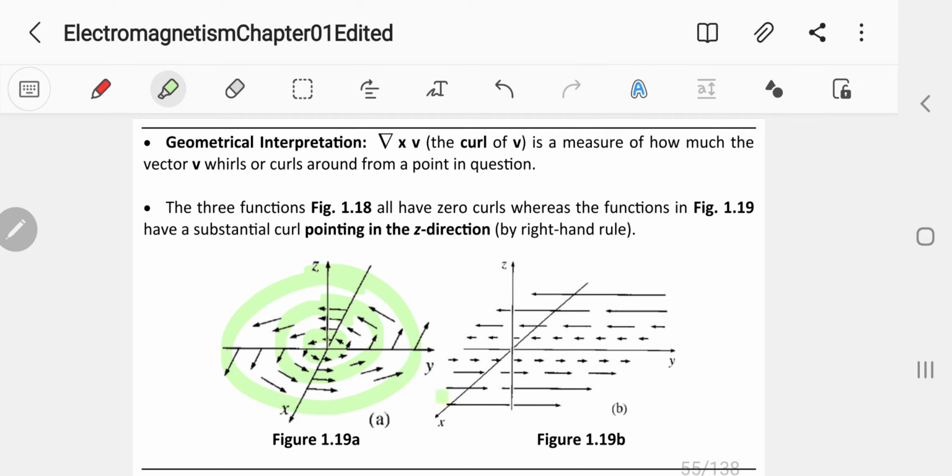And here also, this is a kind of curl where you have one side going in this direction, the other side going in that direction, and of course as you go away from the source, the vectors also change their magnitude. So that's the geometrical interpretation.